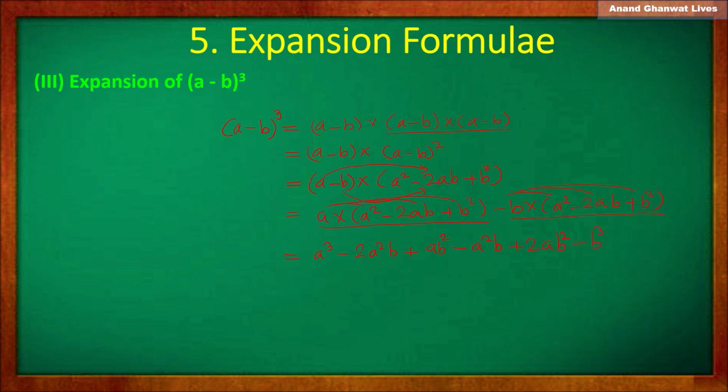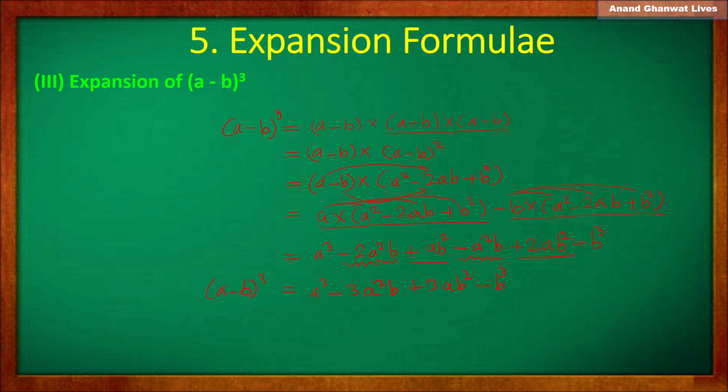Now find the similar terms for addition. Similar terms or like terms: negative 2a square b and negative a square b. Similarly, ab square and 2ab square. So add the like terms: a cube minus, now negative 2a square b minus a square b, that is negative 3a square b, plus ab square plus 2ab square, that is 3ab square, and minus b cube.